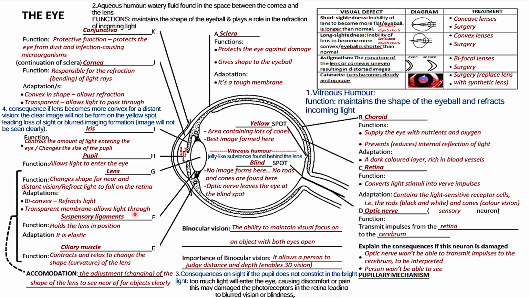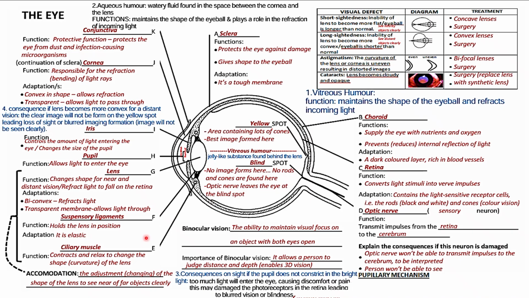Now we need to explore some contextual questions here. What will be the consequence if the lens becomes more convex for distant vision? So the lens is not supposed to become more convex for objects that are far away.